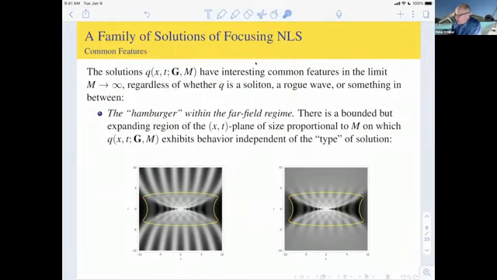So then the next part where there's universality somehow is this hamburger region. Actually, maybe it's more of an ice cream sandwich because of this kind of concave profile here on the left and right hand sides. But anyway, it's this region in the yellow curve. This is some region of the xt plane. It's expanding in size as m goes to infinity. So no longer are we localizing near the origin.